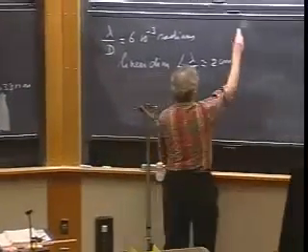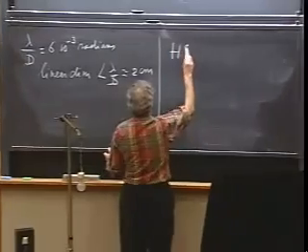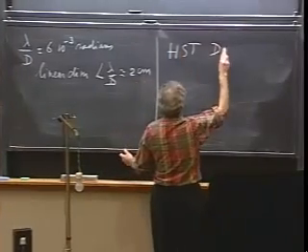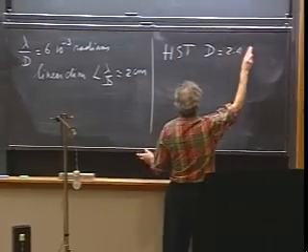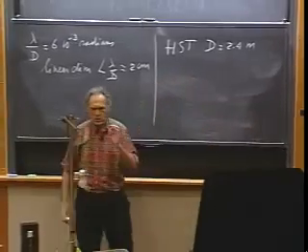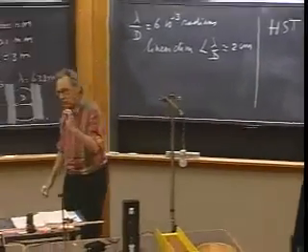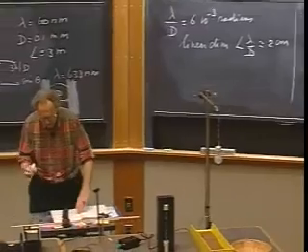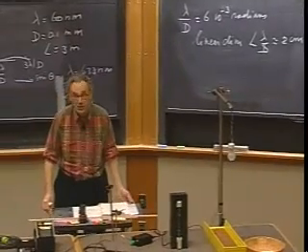The Hubble Space Telescope, HST, has a mirror D, which has a diameter of 2.4 meters. And it is prepared so carefully that the claim is made that it is really diffraction limited.